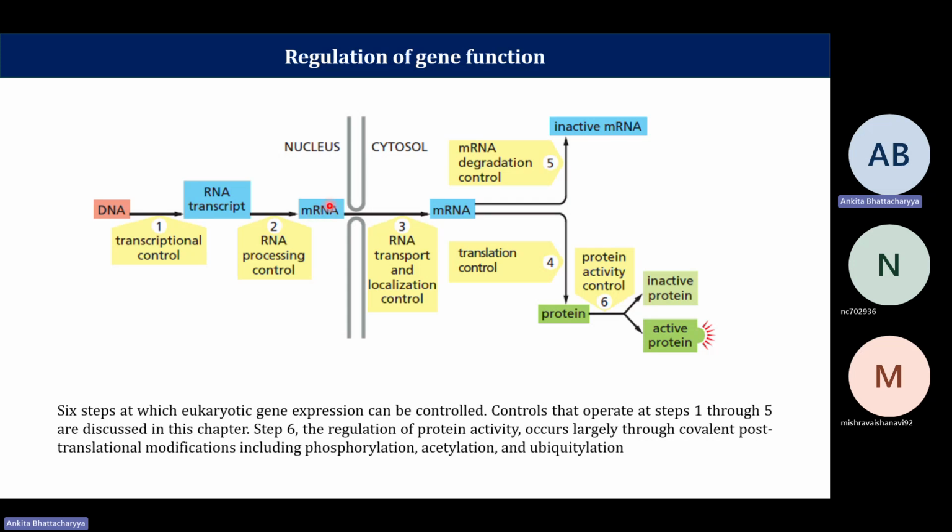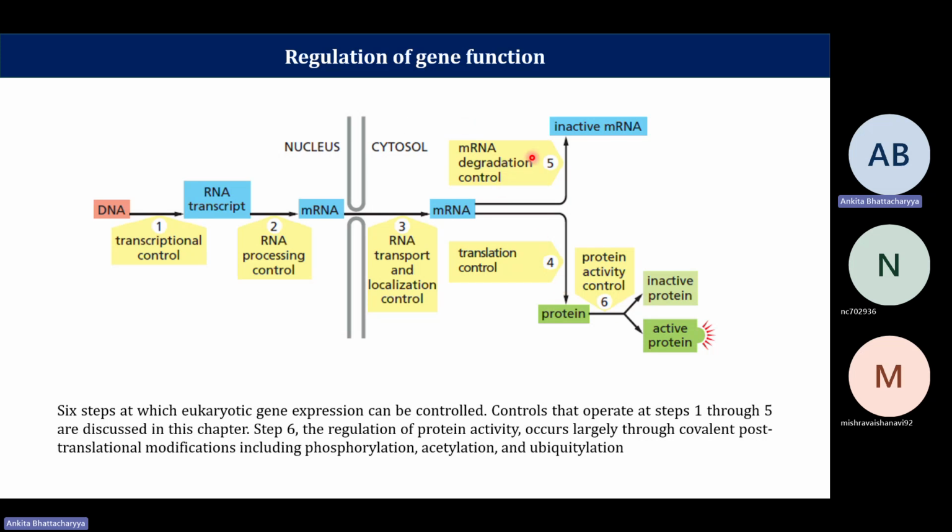And after translocating from the nucleus into the cytosol, you can have RNA transport and localization control. This is another checkpoint. Then the mRNA can either be cleared for translational control, or it can be impeded from doing so.